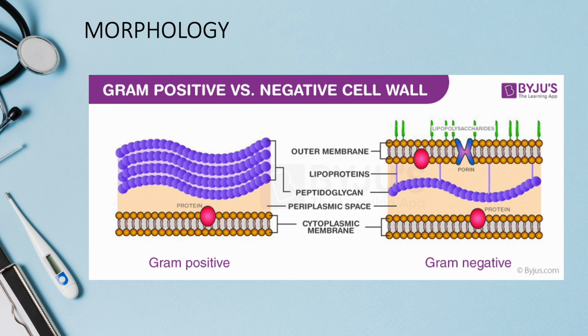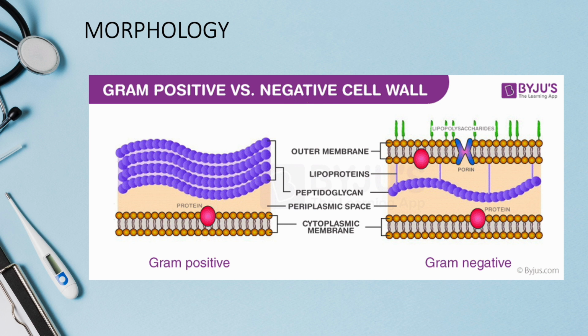Now, if we are talking about Staphylococcus and Streptococcus, there are a lot of things in common, starting with morphology: the shape and the cell wall structure.